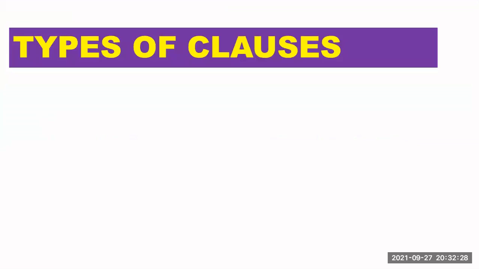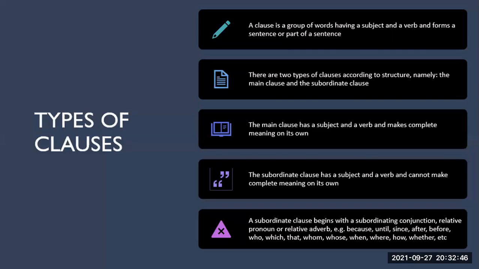So let's now move further to look at types of clauses. Of course, in that example, I have shown you two major structural types of clauses, the main clause and the subordinate clause.